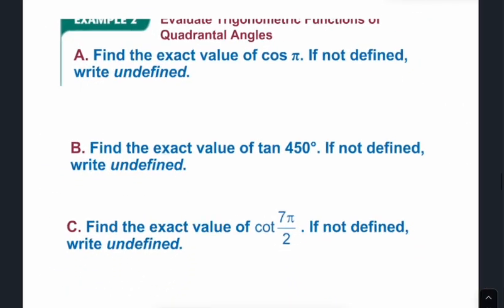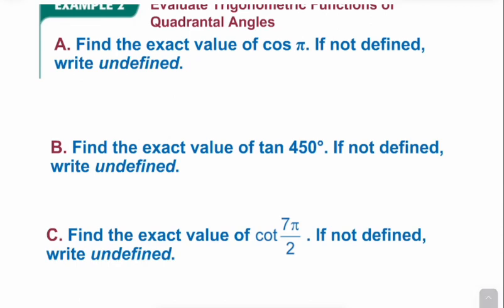So that's your quadrantals. So if it says to find the exact value of the quadrantal angle trig functions, what do we do? So let's look at 2a. Find the cosine of pi. Pi is just, remember, 180 degrees. The point there is -1, 0.